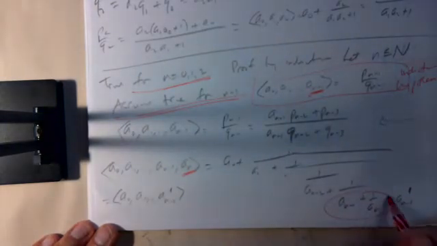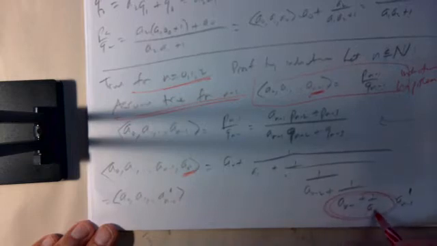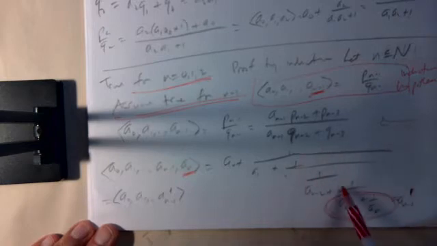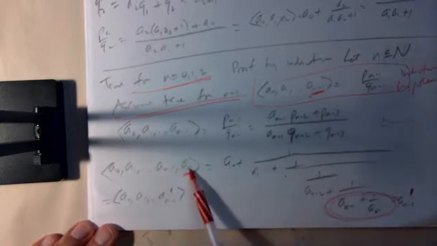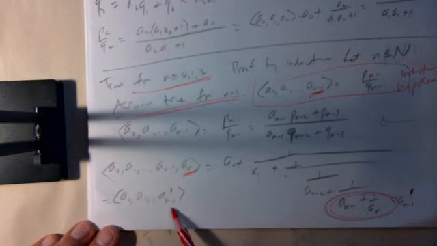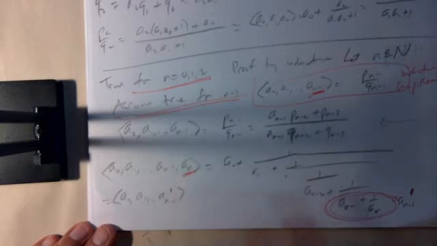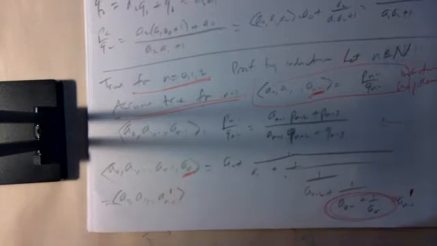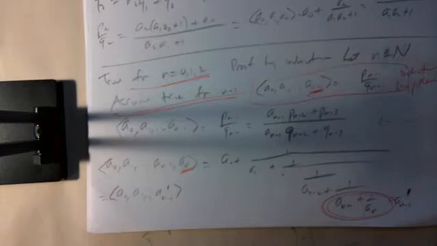But if you look at an minus 1 plus an, and if I just call that an minus 1 prime, this continued fraction of length n is the same as a continued fraction of length n minus 1, where you just replace an minus 1 with this an minus 1 prime. So that was the inductive step. And then I applied the formula to this and did a lot of algebra and proved the result. Oh, got it.